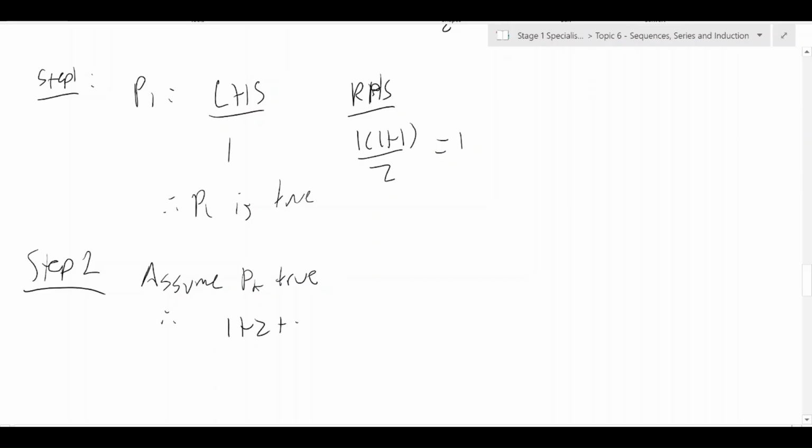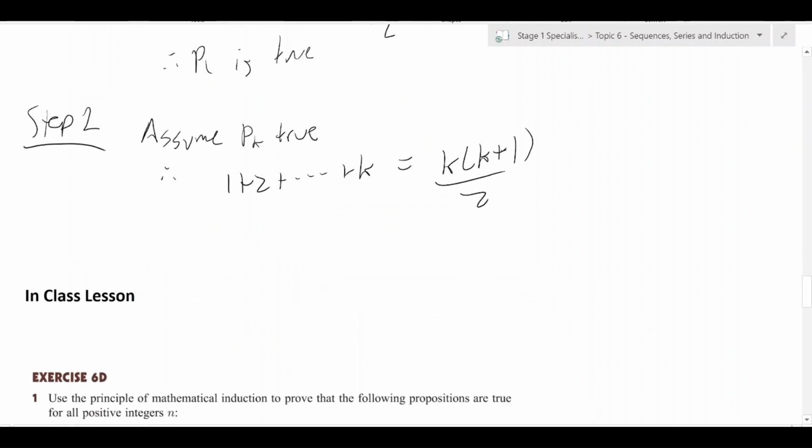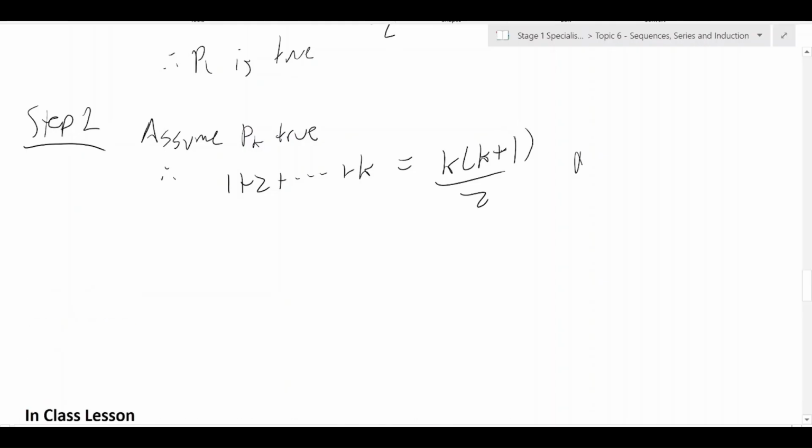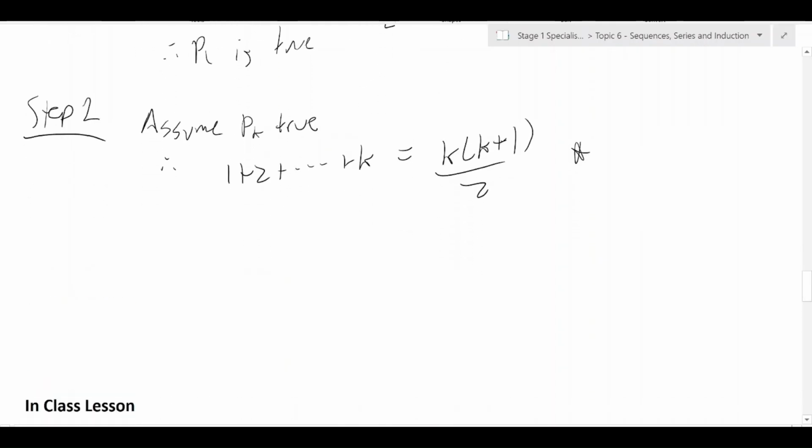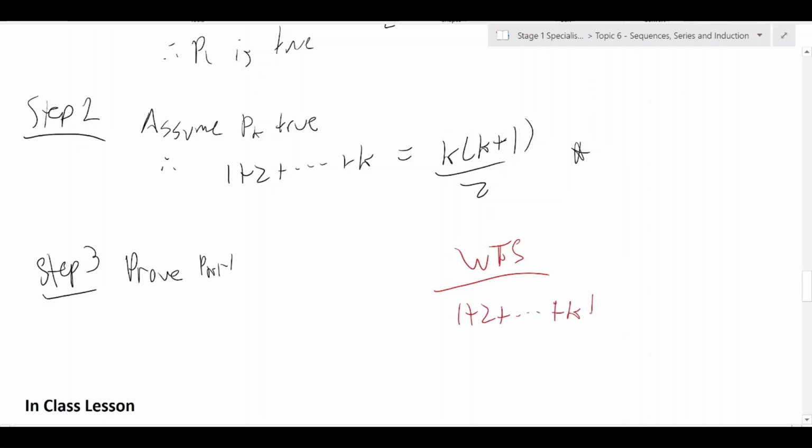Therefore, 1 plus 2 plus up to k equals k(k plus 1) over 2. And usually I'll label this with a star. Step 3, prove P(k plus 1). So what do I want to show? Want to show that 1 plus 2 plus up to k plus 1 equals (k plus 1)(k plus 1 plus 1) over 2.